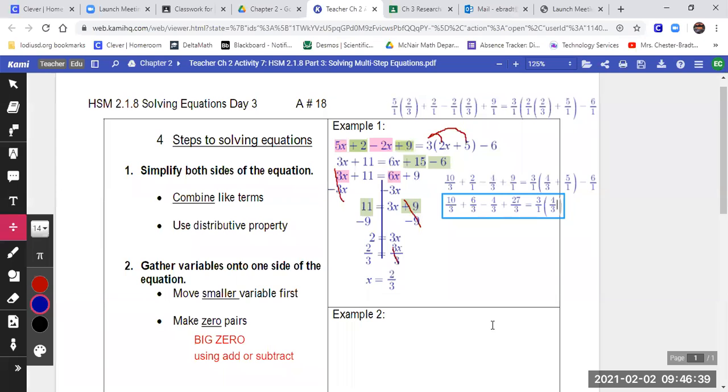It's already over 3. The 5 over 1 is not over 3 though. What do I need to do to turn that into something over 3?